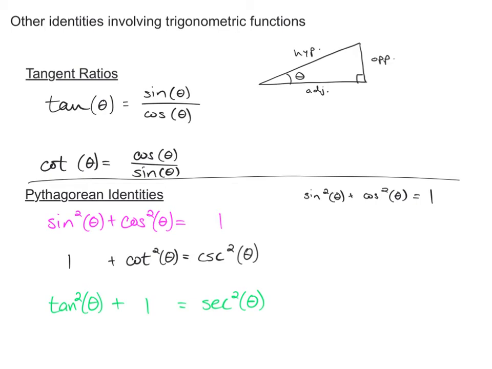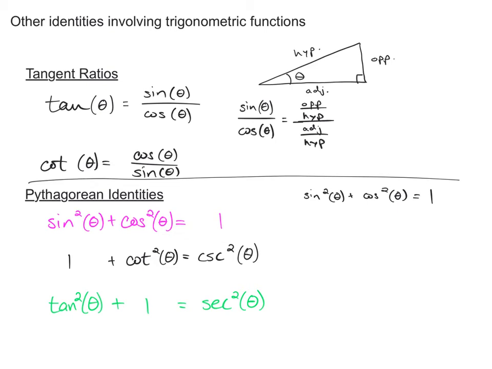If we break it down into the sides of the triangle here, the sine of theta here over the cosine of theta here would be the opposite over the hypotenuse, all divided by the adjacent over the hypotenuse.